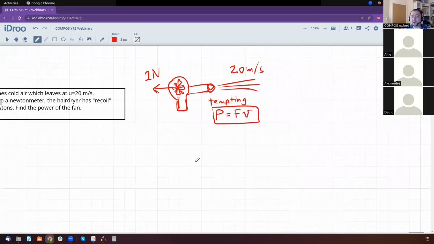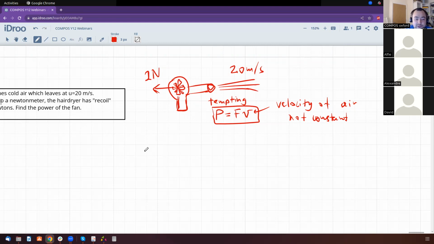The velocity of the air is not constant. It goes from 0 to v. Therefore, you cannot use this formula.